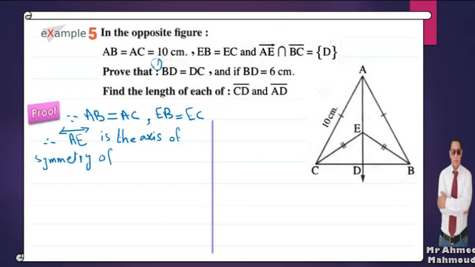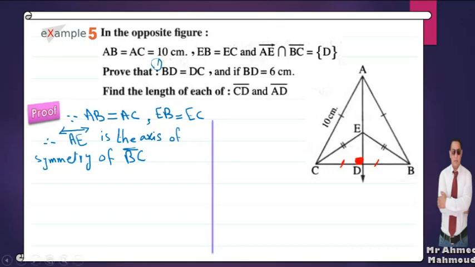Since this line is the axis of symmetry, it bisects the line segment and is perpendicular to it. Again, the axis of symmetry bisects the line segment and is perpendicular to it.